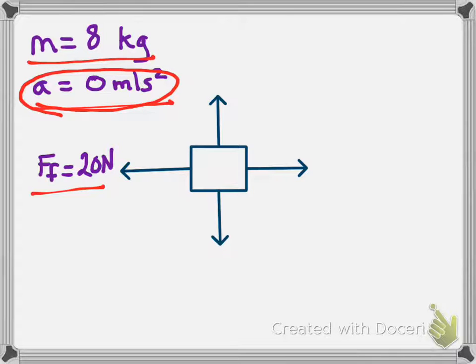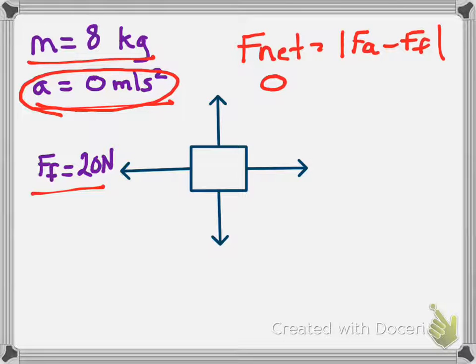So we're not accelerating. Remember, if I go back to my F net equals FA minus FF, in order for this to be 0, these two quantities have to be the same, right? FA and FF.